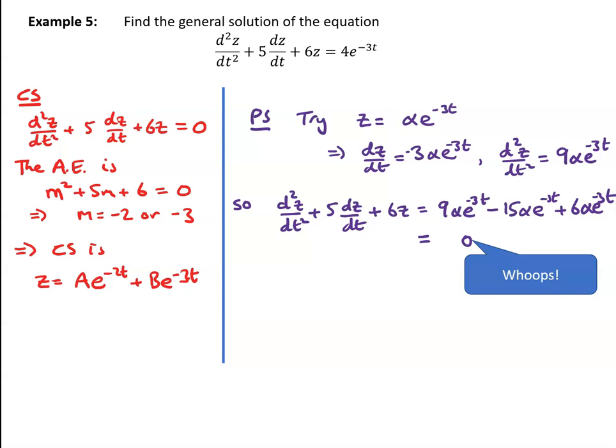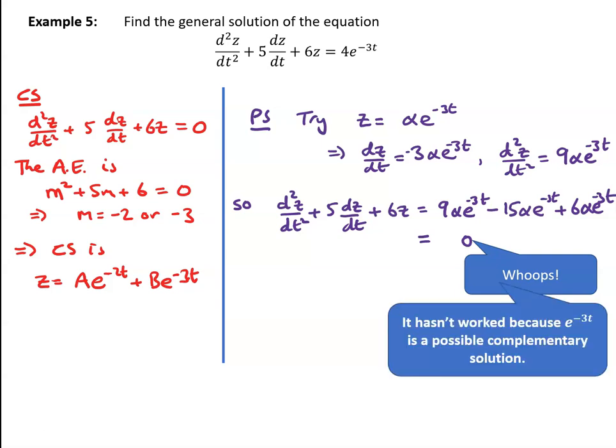So the important thing is to try and work out what's gone wrong on this particular case. It doesn't work because e to the minus 3t is part of the complementary function.